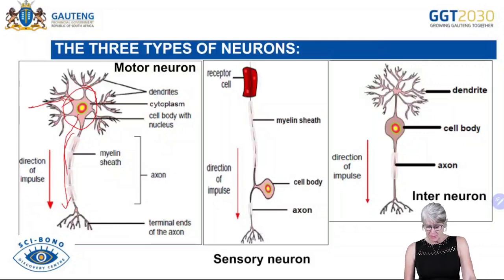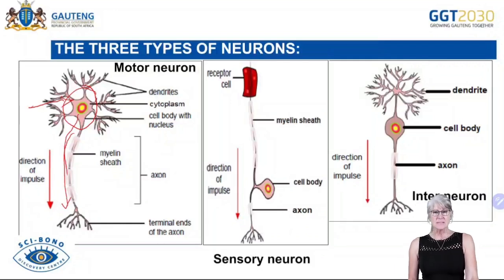Then we have sensory neurons, and usually sensory neurons are unipolar or bipolar, and there's a receptor cell that would be in one of our sense organs, whether in our skin, our eyes, our ears, on our tongue, or inside our blood vessels.